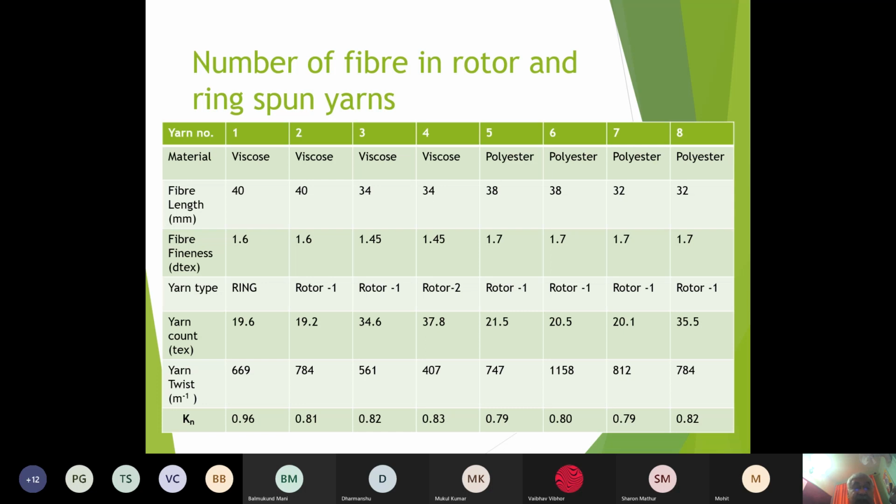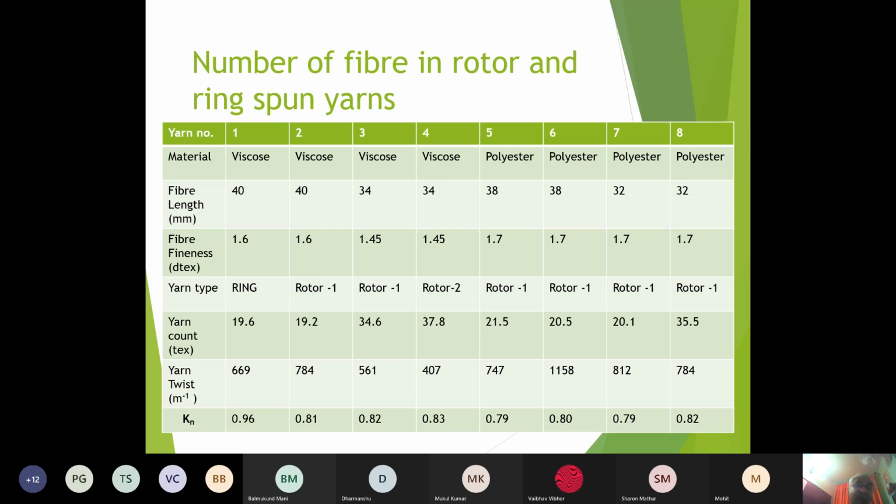It is lesser. And on the basis of Kn, you know that ring yarn is stronger than rotor yarn. So on the basis of Kn, yes, it is supporting: the value of Kn is 0.96, indicating that my fibers are more straight and parallel in comparison to rotor yarn, where my value of Kn is lesser.